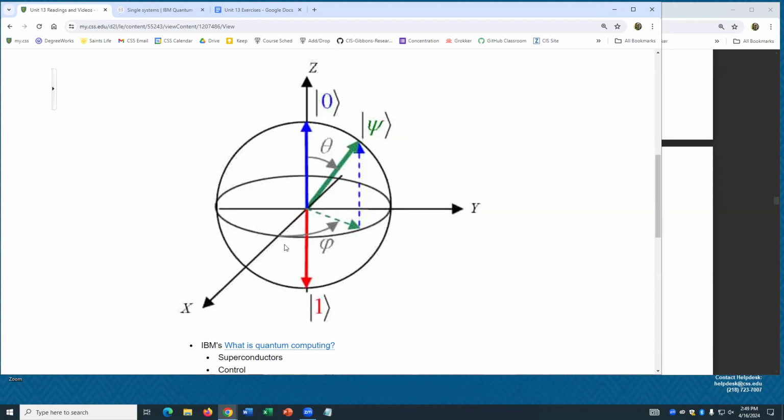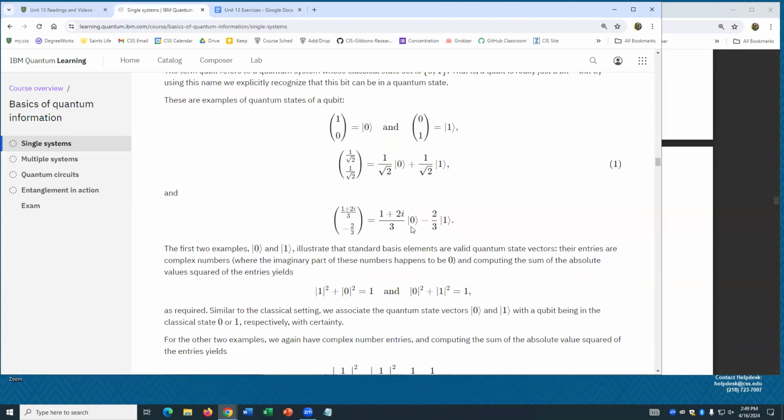I don't know if I'm explaining that very well, but in our math, the square root of 2 comes up all the time as some kind of factor, because one of the things in a lot of these is that the probabilities have to add up to 1. So these two numbers add up to 1, these two numbers add up to 1, these two numbers have to add up to 1.